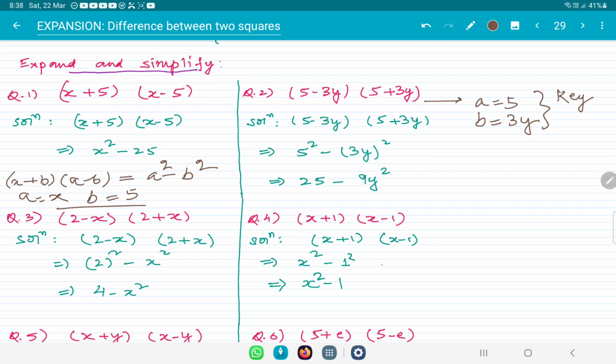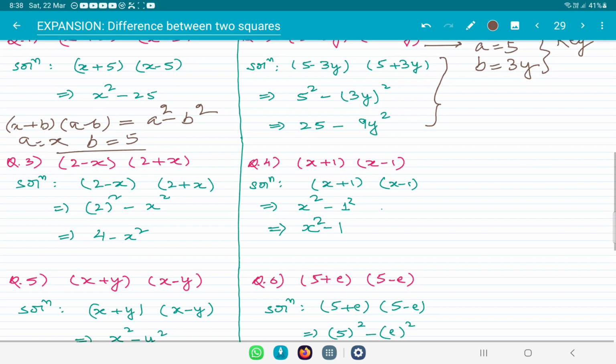You can increase or decrease your steps according to the marks of the question. If it is 3 marks, show all the steps and write the identity also. If it is only 1 mark, you can decrease one step, or if it is an MCQ, just do the simplification and take your answer.